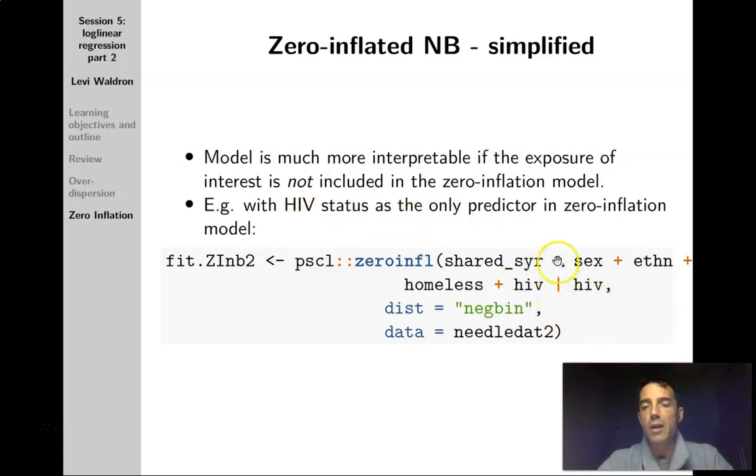In this format, what's on the right of this bar symbol is what is used for the zero inflation model. So I'm going to say that HIV status is the only predictor in the zero inflation model, whereas I have sex, ethnicity, homelessness, and HIV in the count model, and only HIV in the zero inflation model.